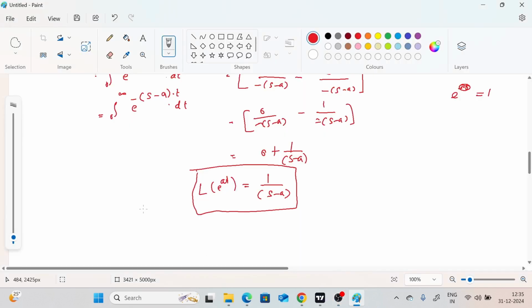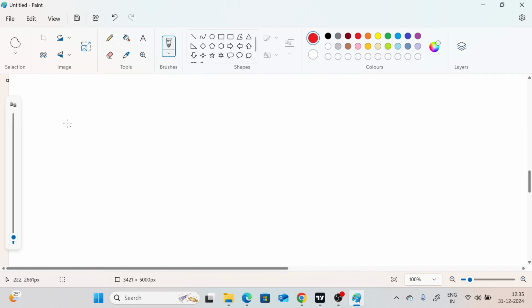Now, till now we had discussed Laplace of 1 and Laplace of e raised to at. Now, the third equation we are going to derive is the Laplace of sin at.